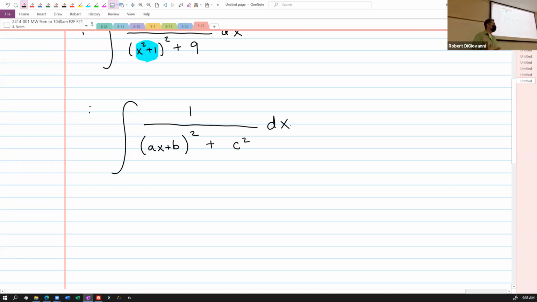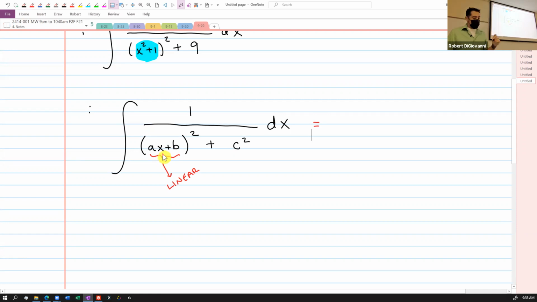If we saw something like this, where the inside is a linear expression, then I have to treat that as a u. When I take its derivative, what's the derivative of this? a dx.